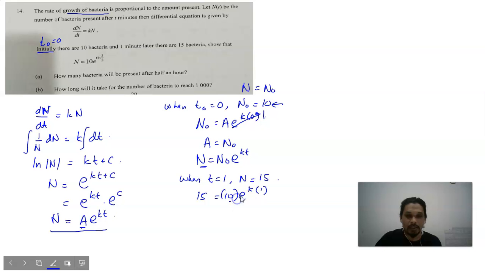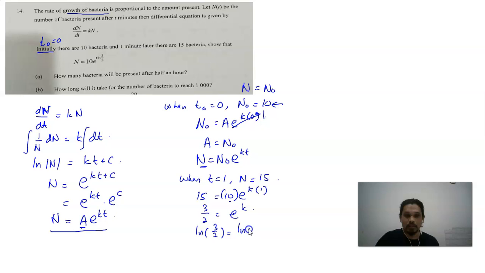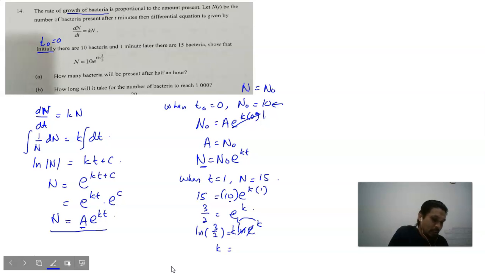Then e power of K with T equal to 1. So 15 divided by 10 is 3 over 2, then e power of K. So we eliminate the constant e, and we come up with natural log of 3 over 2 equals natural log of e power of K. So then K equals natural log of 3 over 2.